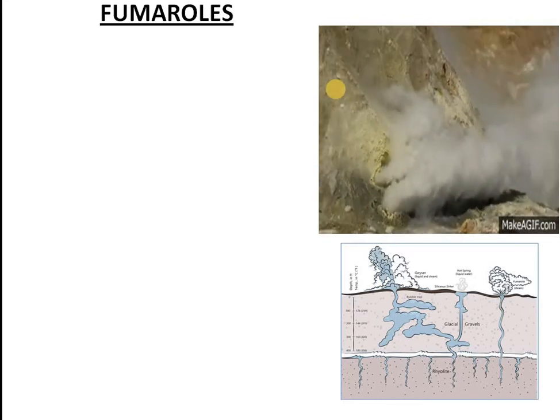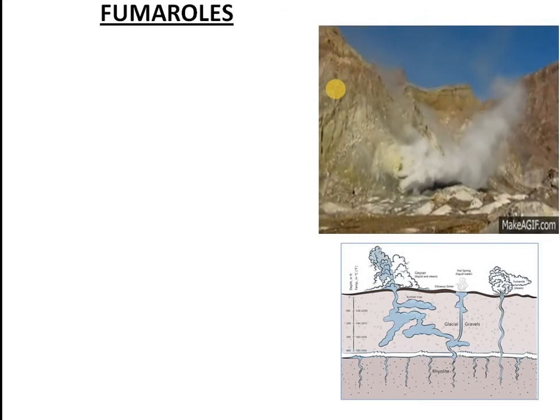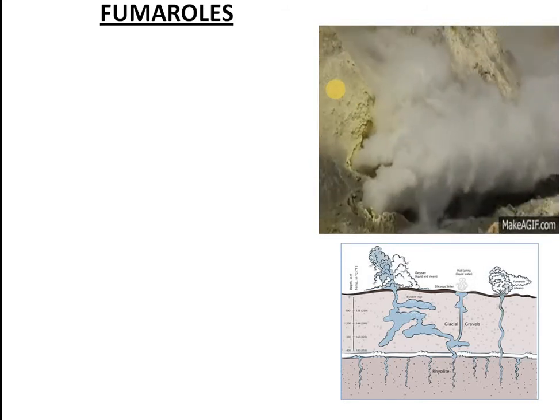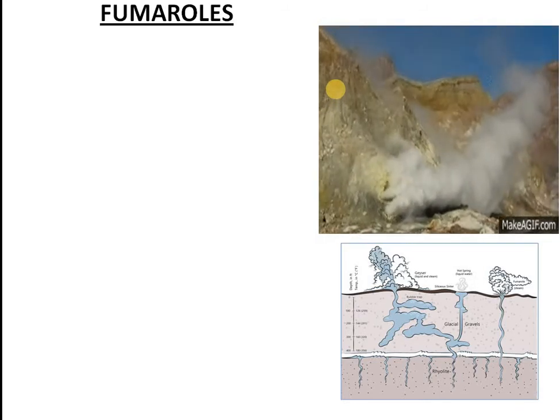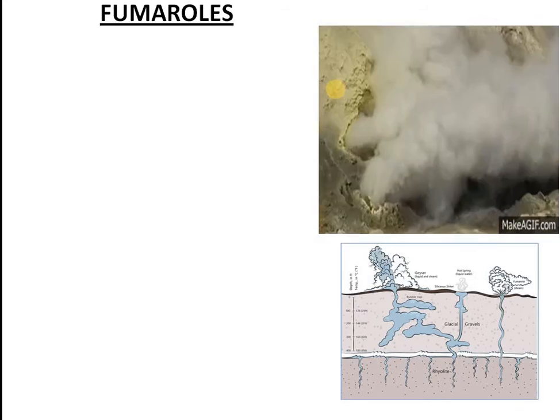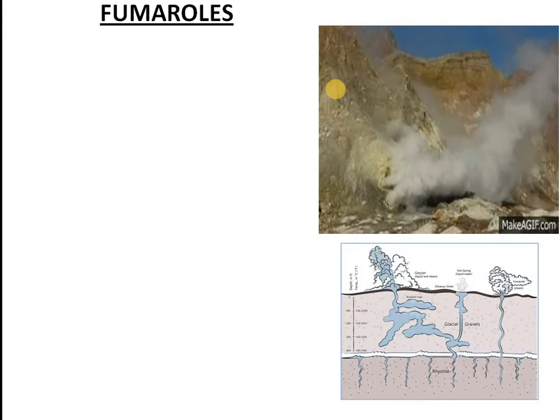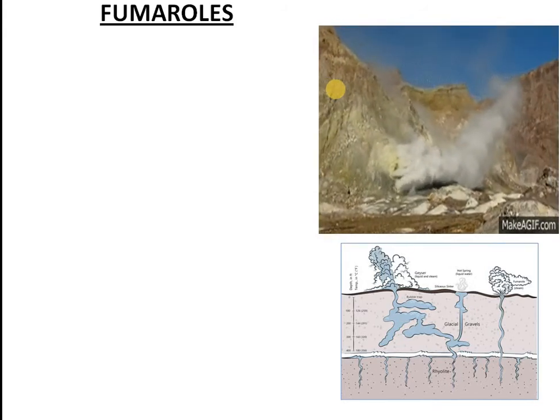Whenever this steam gets a chance to come out, it rushes out rapidly. During its passage, it may come in contact with some sulfur deposit or coal deposit.